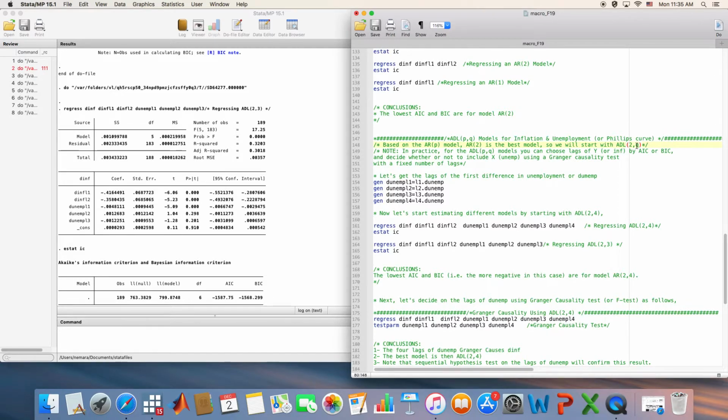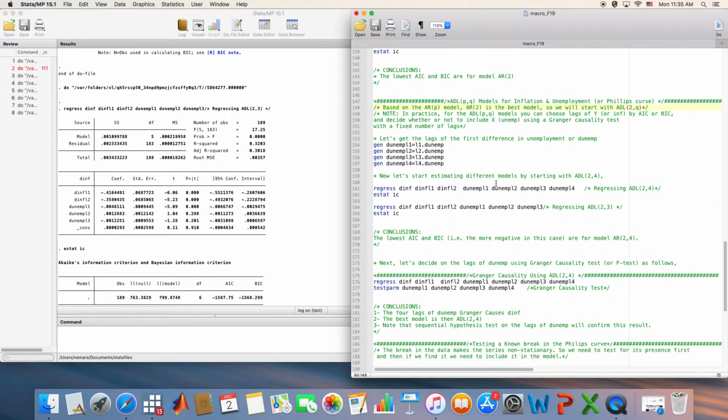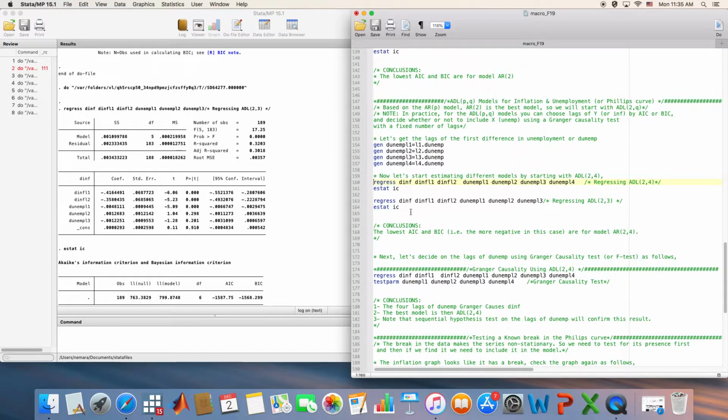All that I need to decide is Q, because I have already decided about P. I started from big to small, so I have 4 and I have 3, and I'm comparing only these two models, right? Based on the comparison, the lowest between ADL24 and ADL23 is simply ADL24, so this is our model.